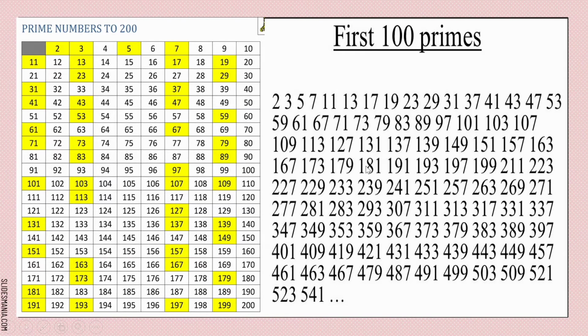And these are the first 100 prime numbers. If you need more time to take a look at these numbers, you can just pause this video. But now let's proceed.